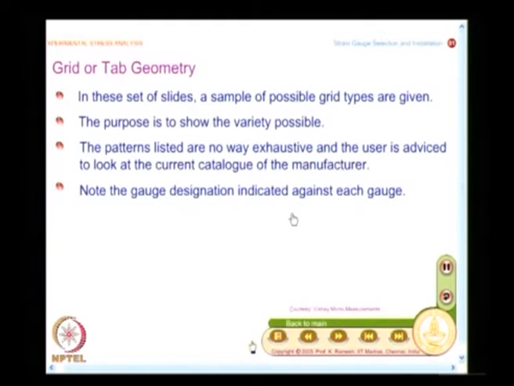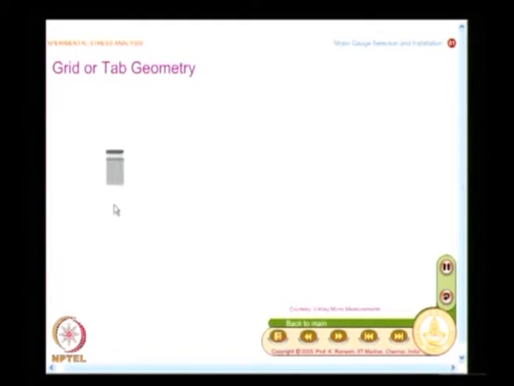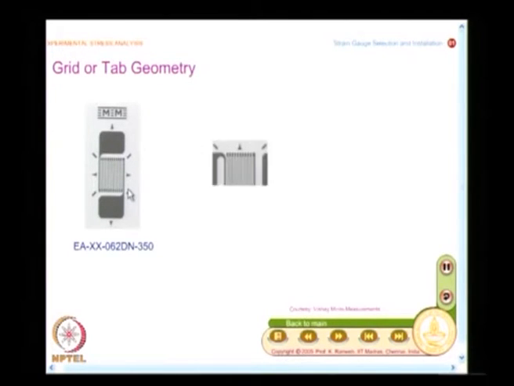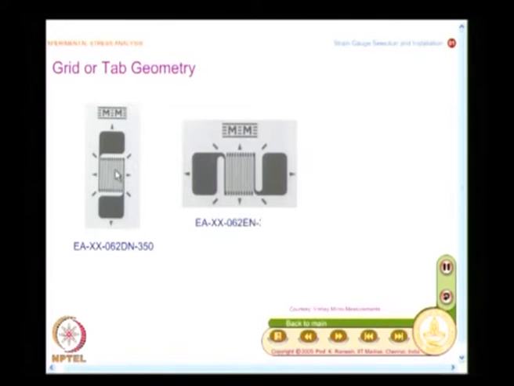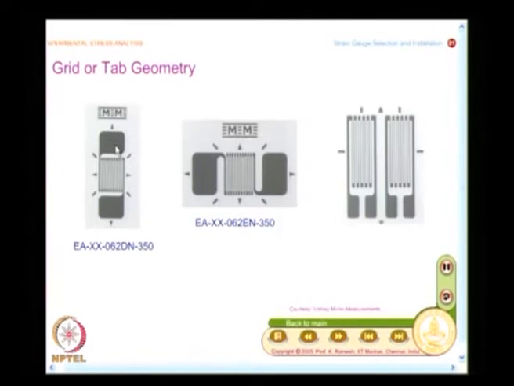And obviously, the simple strain gauge is a simple loop like this, and what is shown here is you have the tabs on either end, and for this the particular manufacturer gives this as Dn. So, E denotes the carrier backing, A denotes advanced alloy, and XX denotes that, depending on the specimen material, I will have to select my self temperature compensation number.